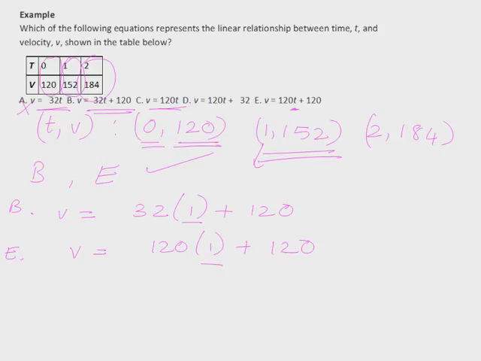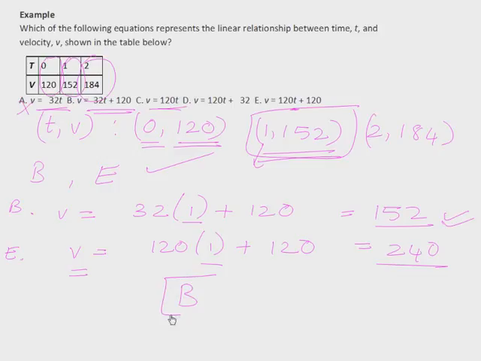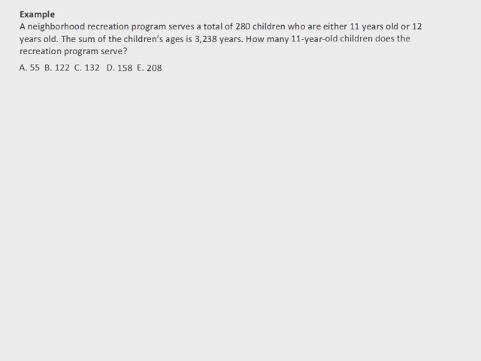I've plugged in t equal to 1 in both the expressions for B and E. This works out to 152. This works out to 240. But what should v be when t is 1? Here we have it. v should be 152. So B gives me the right answer. The answer is B. The linear relationship between t and v is 32t plus 120.